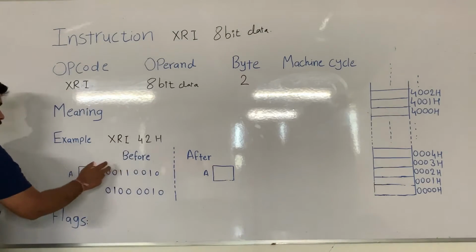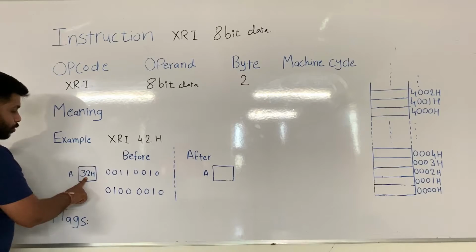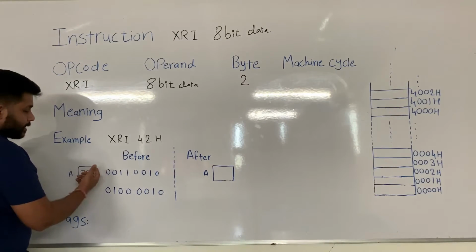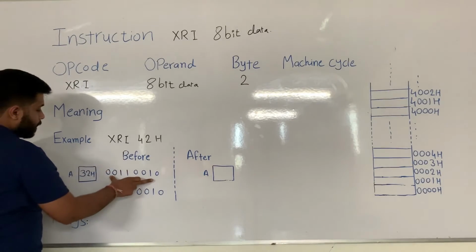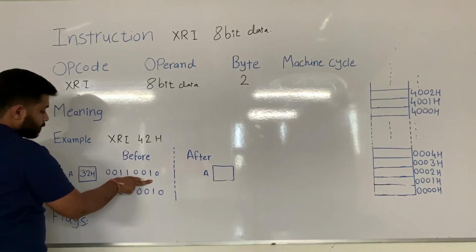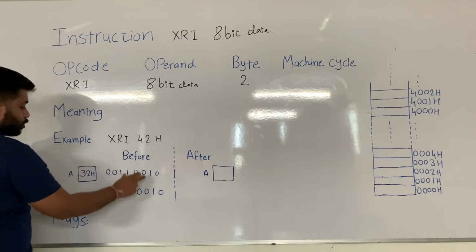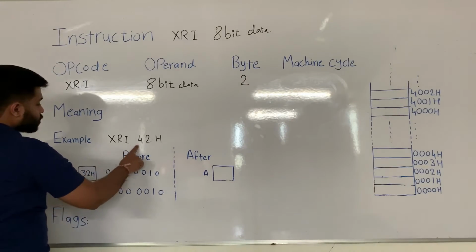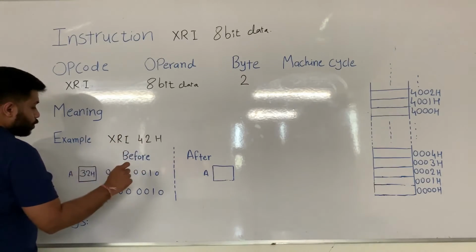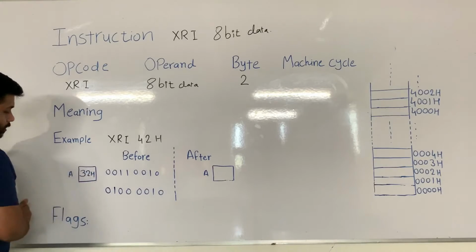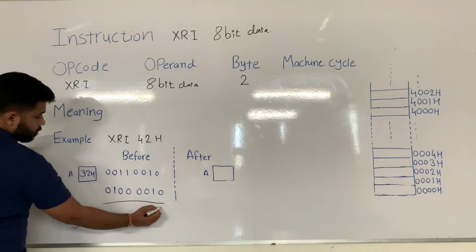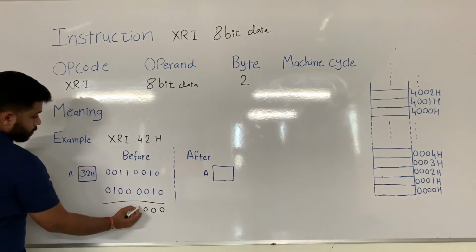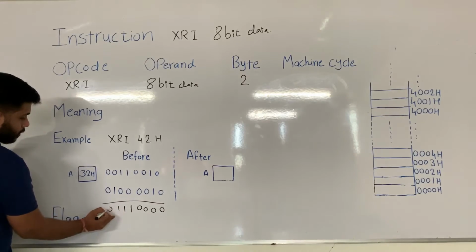Before the execution, you can see that the accumulator contains 32H. H means hexadecimal. When it is converted into binary, you will get a number like this. 42H is also represented in binary. Now, when this instruction is executed, the XOR will be performed between these two numbers. So let's perform XOR: 0, 0, 0, 0, 1, 1, 1 and 0.